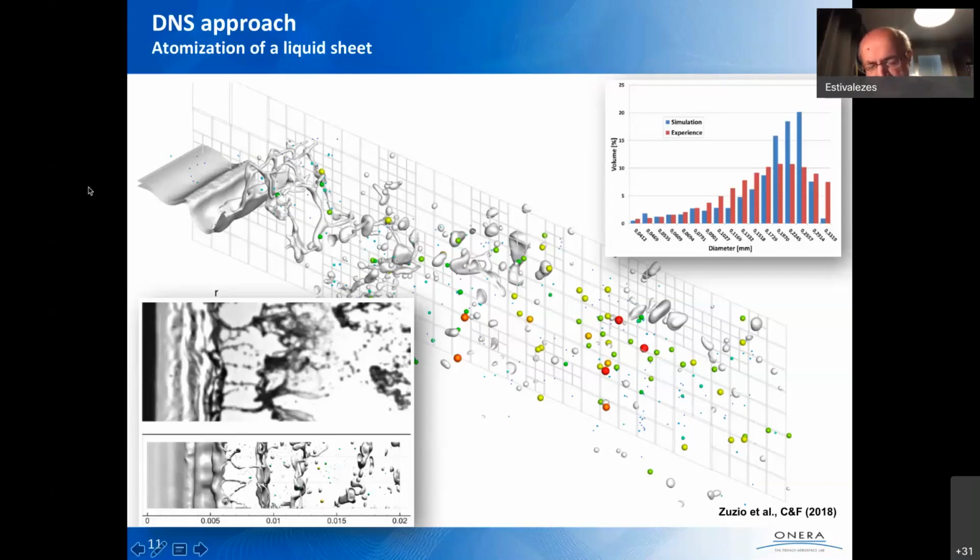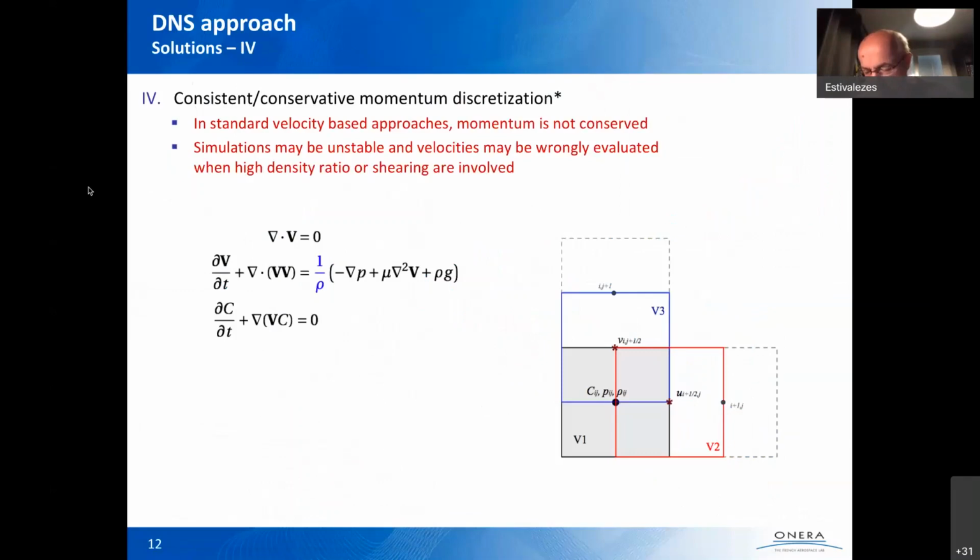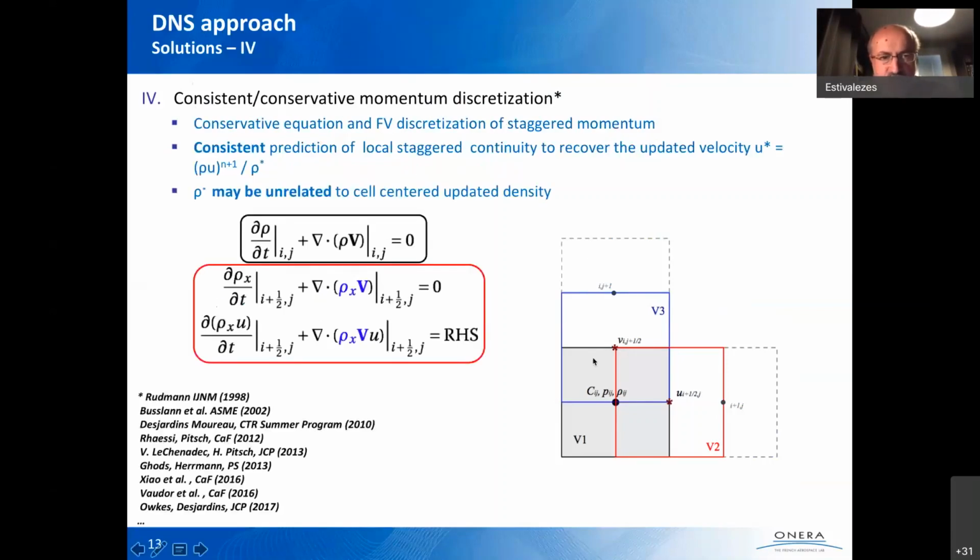So we can have some inconsistency between the way we compute the velocity and the way we compute the density. When the density ratio is high, this leads to unrealistic velocity and the code blocks. So we have developed a methodology to fix that. I will not go into detail; it's quite technical. Roughly speaking, here you have an example of the grid.